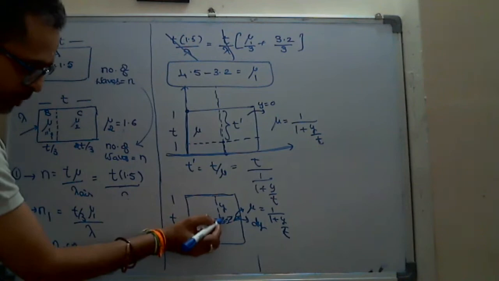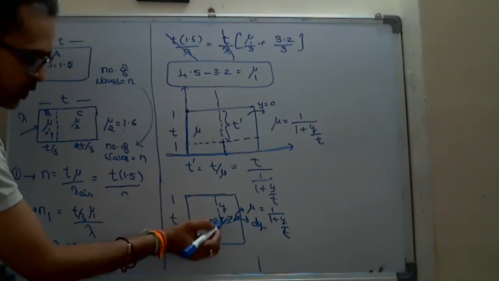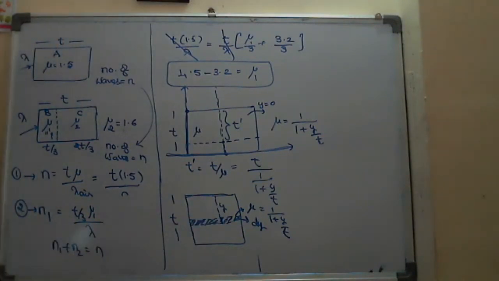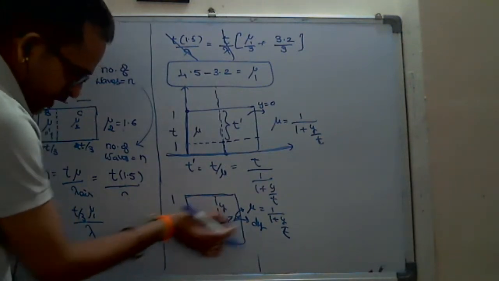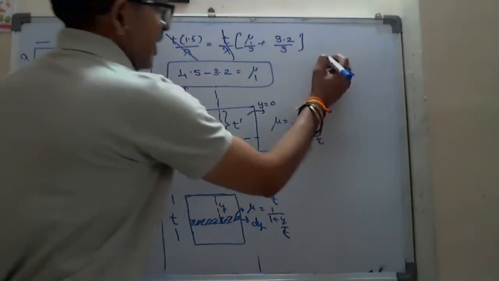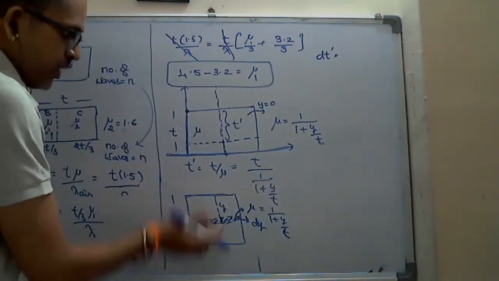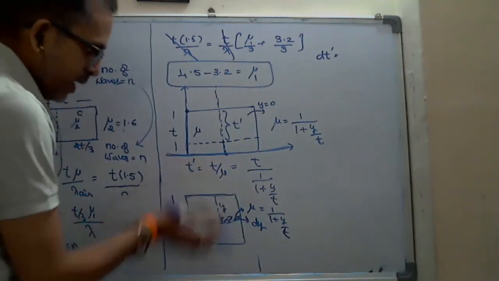Here I am assuming a certain thickness, from here to there, over which the variable mu is almost constant. That is the usual meaning of this assumption in physics. So at what depth will this surface of thickness dy appear? That is the apparent depth of that part, dt dash, which according to the formula is T by mu.